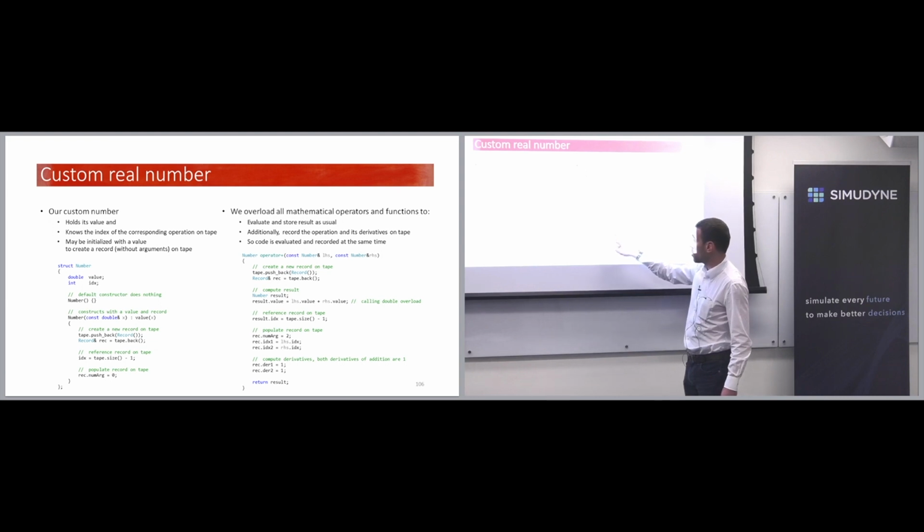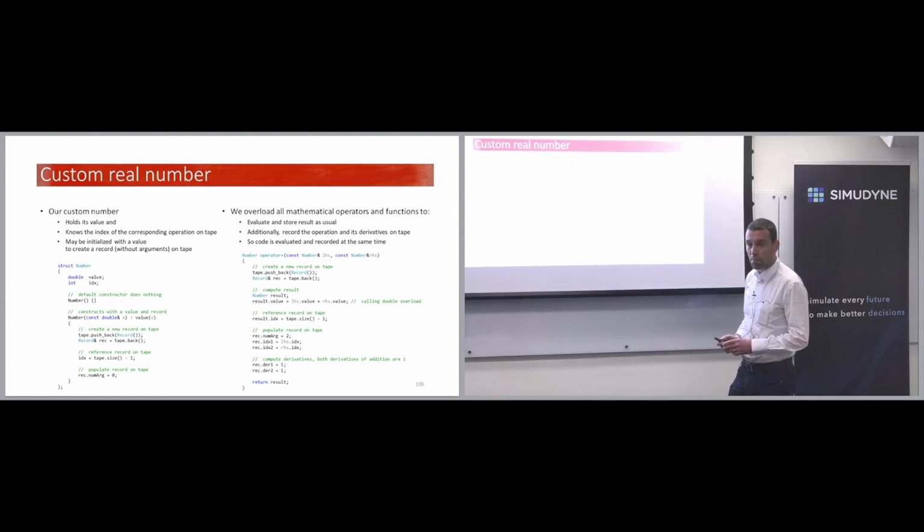This is an addition, so it has two arguments, right? Okay. The index of the first argument, I read it from the LHS. The index of the second argument, I read it from the RHS. Both derivatives are 1, obviously. And all I have to do is to return my result. That's my operator overloading for plus, right?